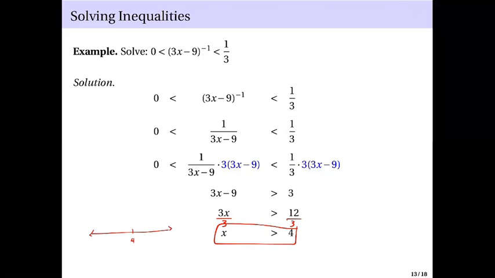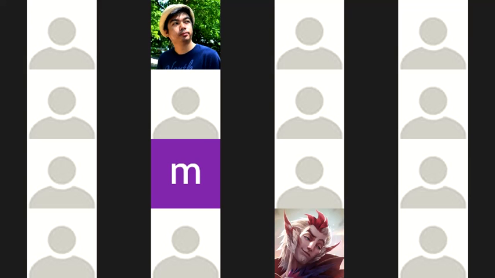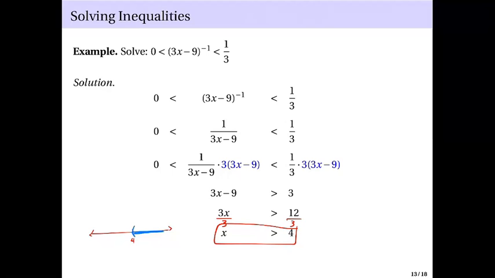And we now sketch the ray. Again, we want our x to be greater than 4, strictly greater than, so we use open parentheses and it opens to the right. And then we sketch the ray. Direction is going to the right. Okay?